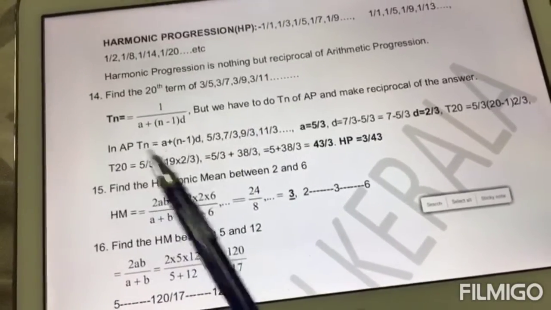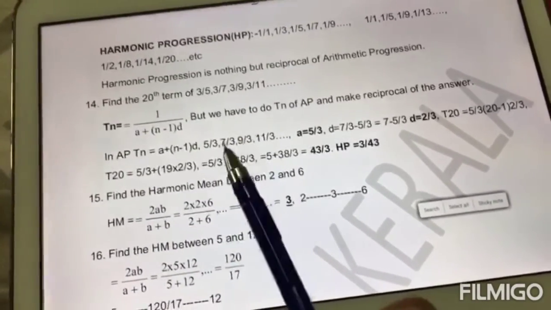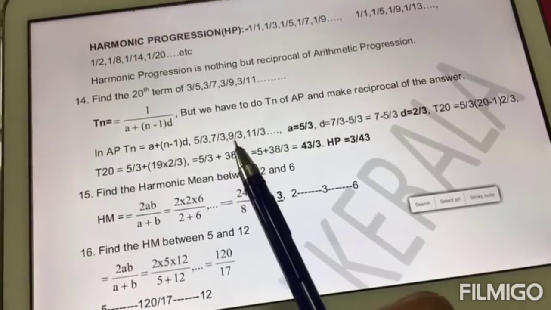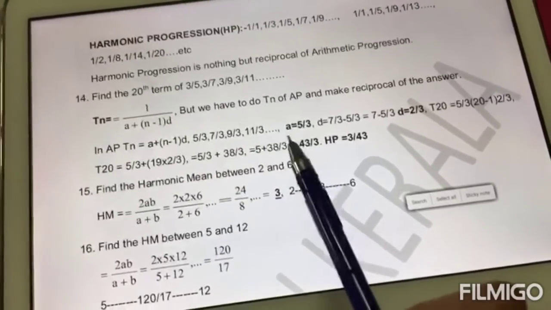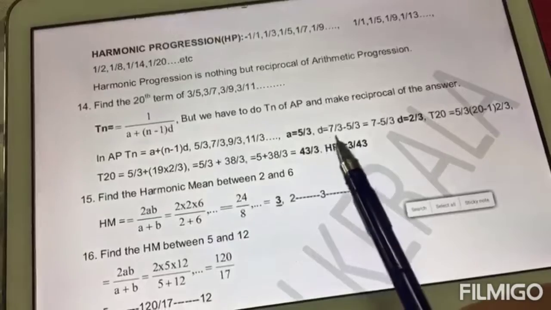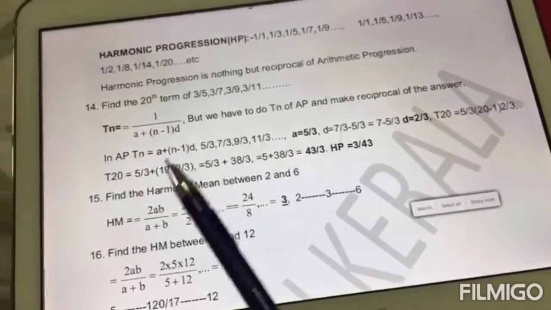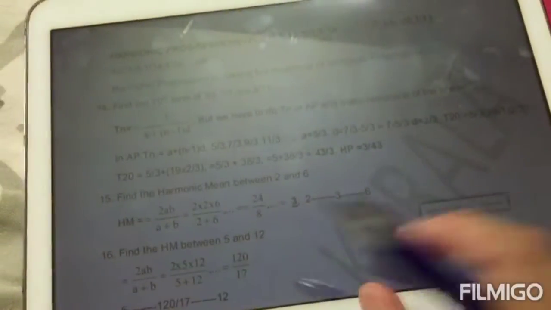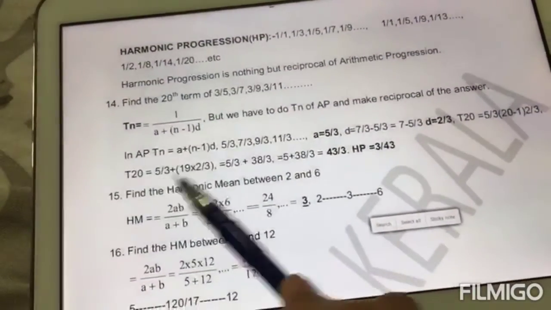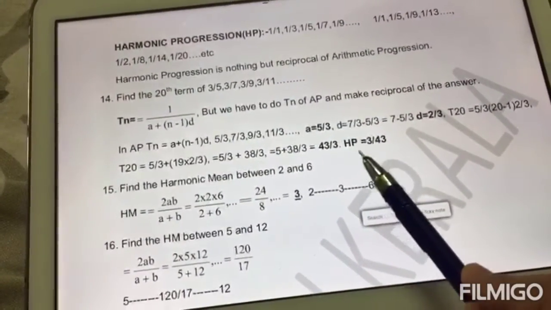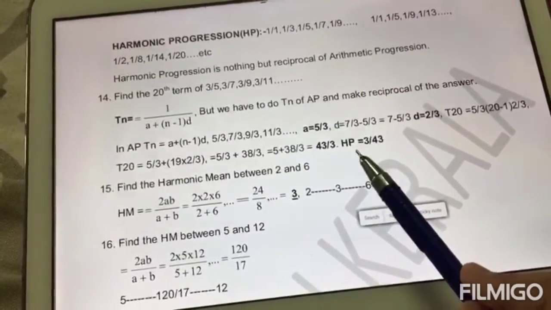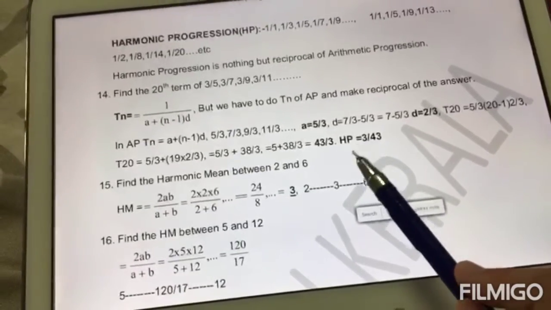So in arithmetic progression, the series will be inverted. It will be 5 by 3, 7 by 3, 9 by 3, 11 by 3 and so on. So A is 5 by 3. Find D, then substitute in this formula to get T20, and then take the reciprocal of T20, which will give you the 20th term of the harmonic progression.